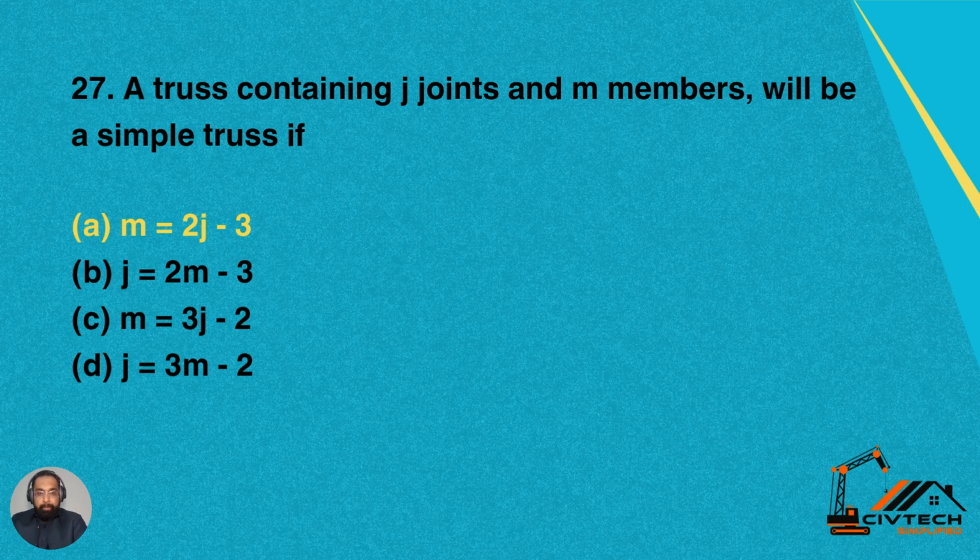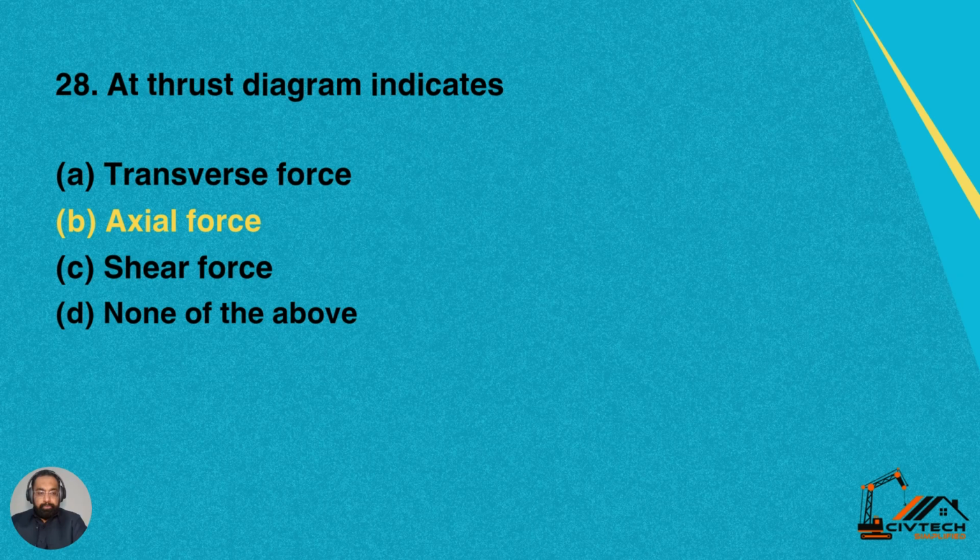A truss containing J joints and M members will be a simple truss if M is equal to 2J minus 3. So A is the correct option for this question.